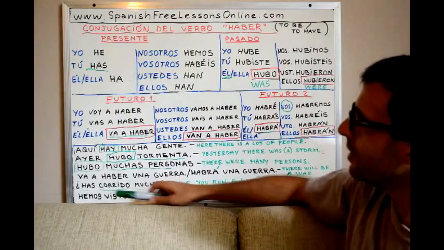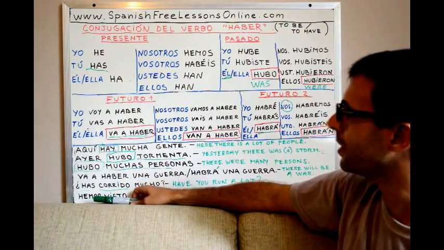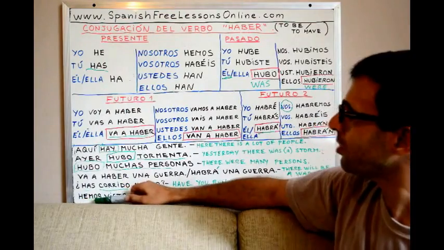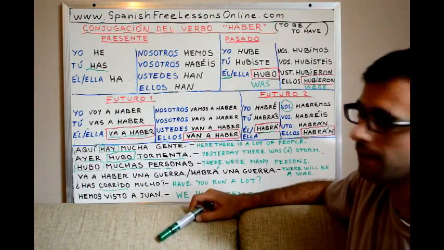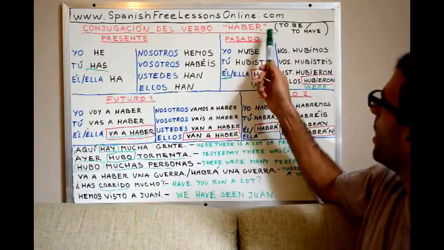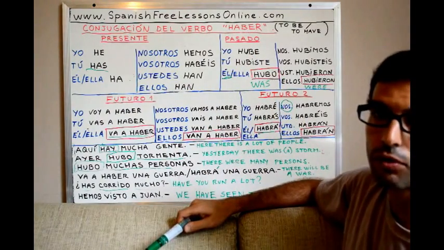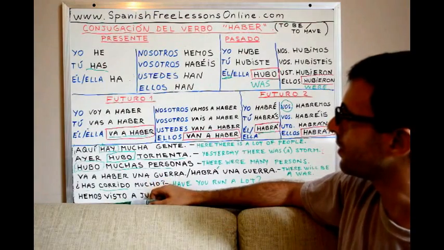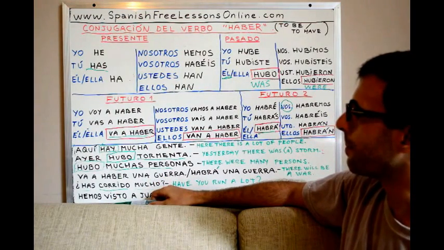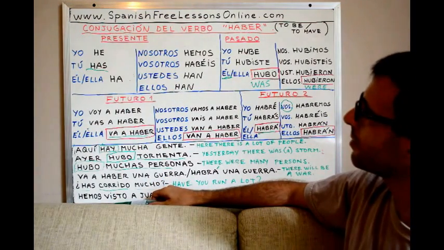And here, our last example is, hemos visto a Juan. Again, we have verb haber as auxiliary verb, okay? So this is, again, present perfect.